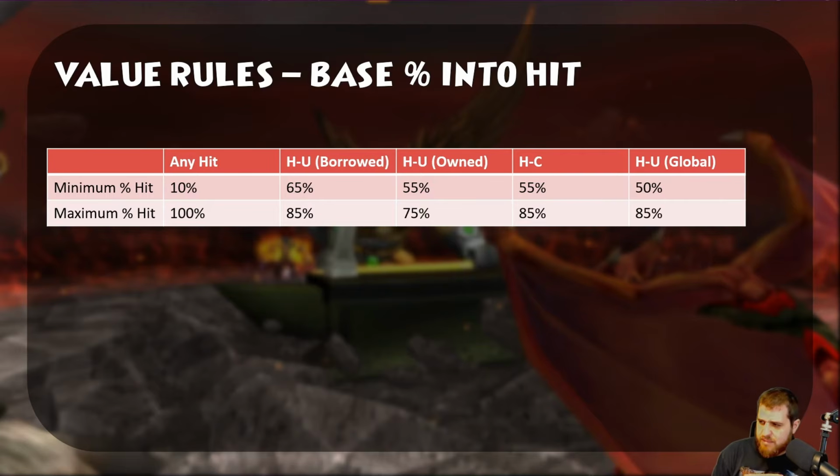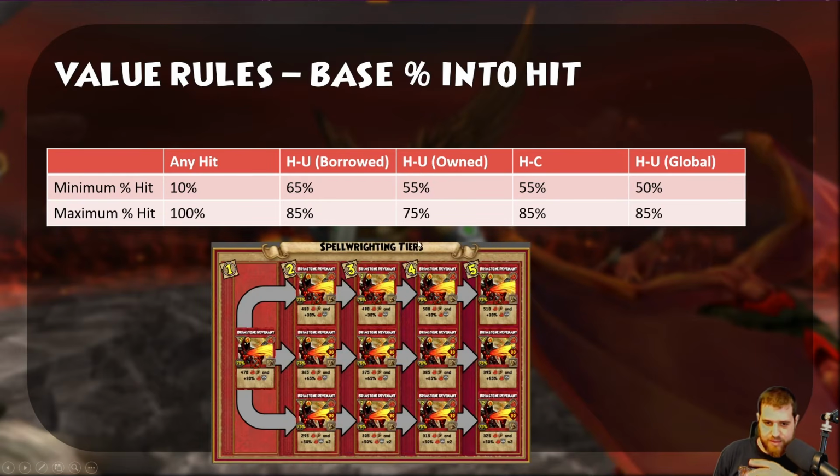I want to go a little bit into why. Actually, first I have an example here. Top path is banned because the amount into the hit is too high, so that's why that one's banned. Then the middle path is more of the 85% into damage, and then the rest into the trap.